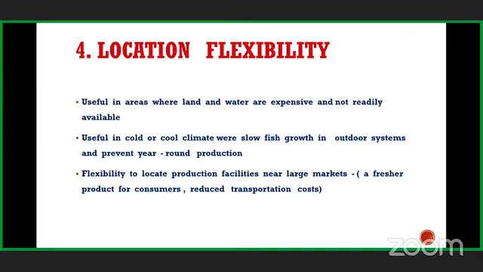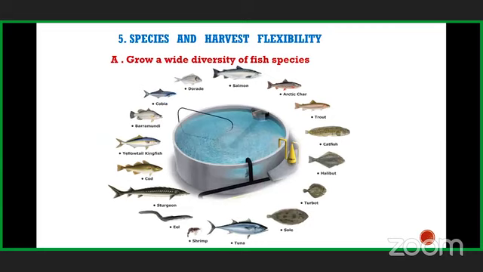Another advantage of RAS is that you can put this system wherever you want, with a lot of flexibility, so you can set up your system where you get a large market. Globally, there is a diversity of various species which can be cultured in RAS systems.